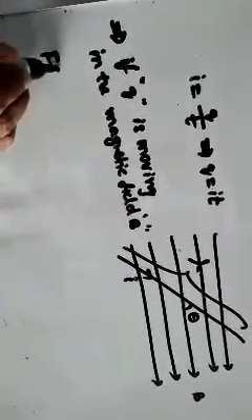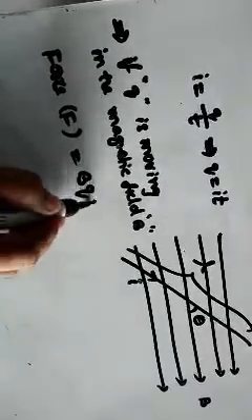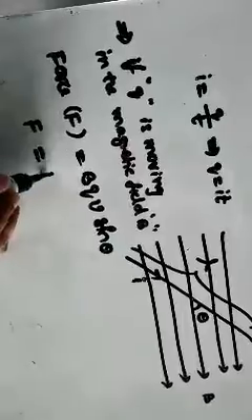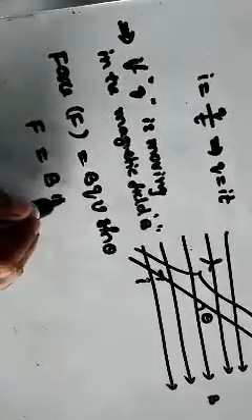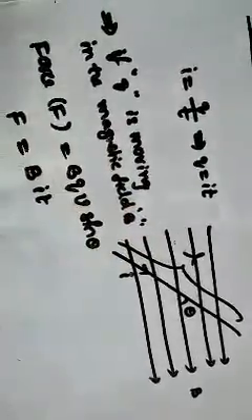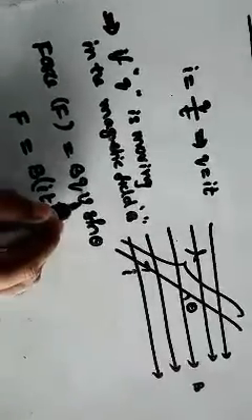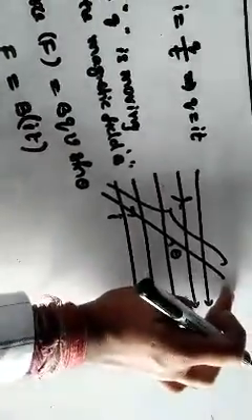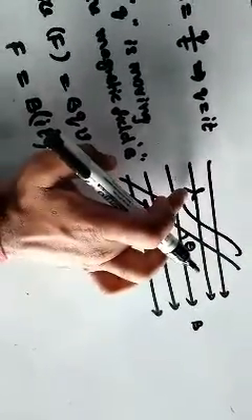The force on a charged particle, from the previous concept, is F is equal to BQV sine theta. Listen carefully how I am writing: B, Q means IT, as I told you Q is equal to IT, and V means velocity. The charge is moving from one end to the other end, traveling a distance of L.